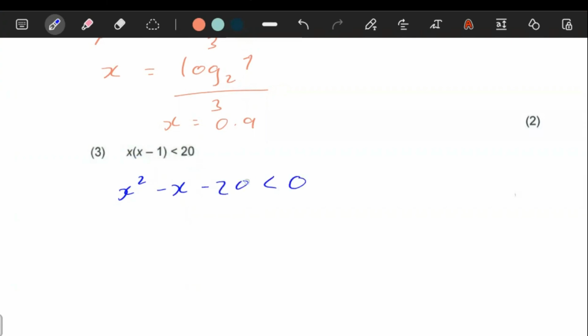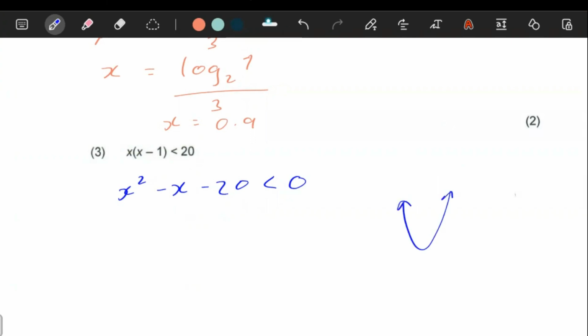The reason for doing this is you're seeing that this is just a parabola. This question is asking you, where is this parabola below 0? So first things first, this is a smiling parabola, which will look something like this.